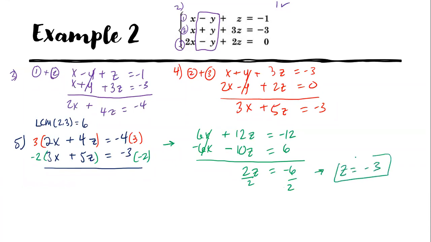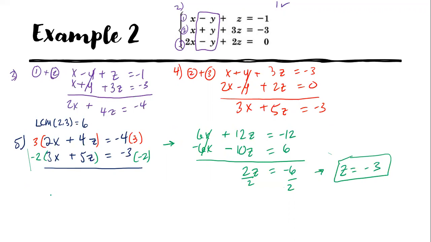So I have one variable. Just like when we talked about linears, once you have one variable, you take it and you plug it back into one of the originals. So I'm going to take z and plug it back into either 2x plus 4z equals -4 or 3x plus 5z equals -3. It does not matter which one I plug it back into so that I can solve for x.